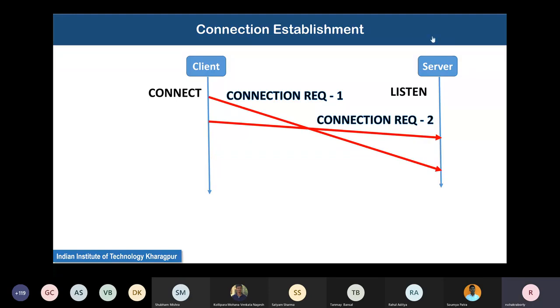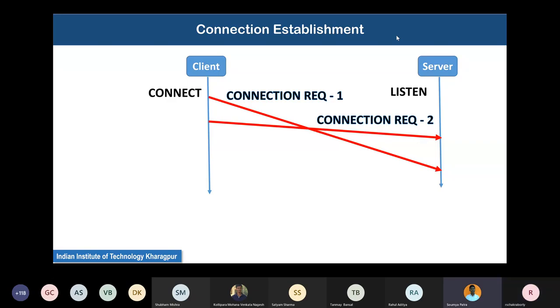How will the server know that? Sir, if the packets could have an expiry, maybe something. Okay, so one solution is if the packet has an expiry. Okay, then any other solution?